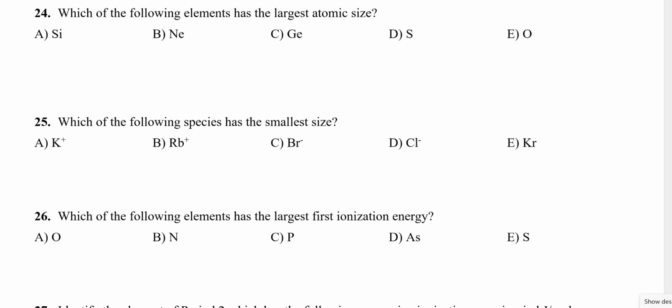In question 24, we would like to find which of these elements has the largest atomic size. The trend for atomic size in the periodic table is that from left to right it decreases, and down in one group it increases.